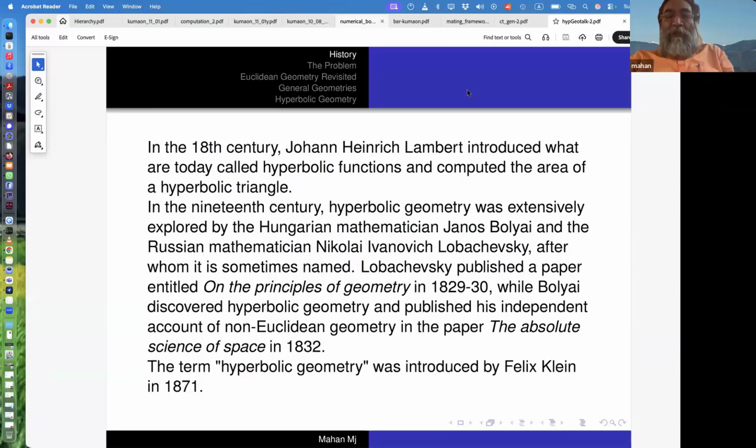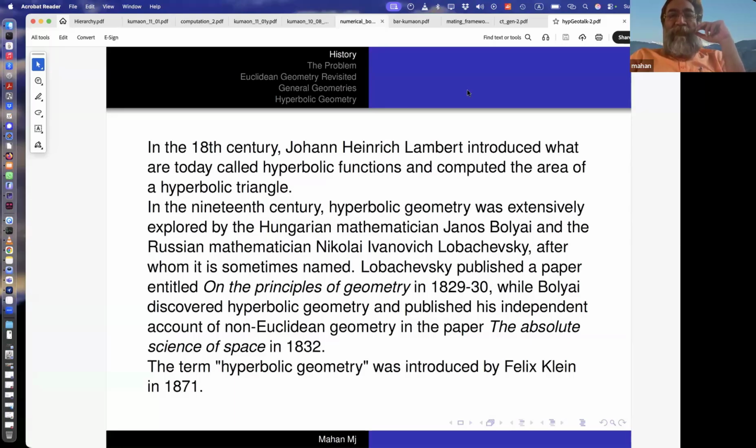The term hyperbolic geometry was introduced by Felix Klein in 1871, and a marked development happened in the late 19th century with the advent of Poincare. The kind of hyperbolic geometry that we know today is essentially all due to Poincare, and that's the treatment that we will be giving later on. It took a fair bit of time for it to get refined and connected to the rest of mathematics, and that's all really due to Poincare.